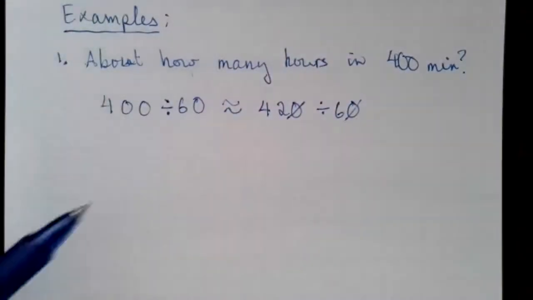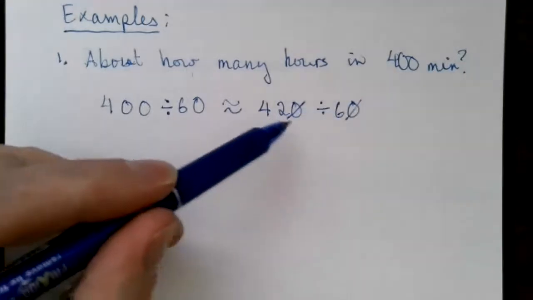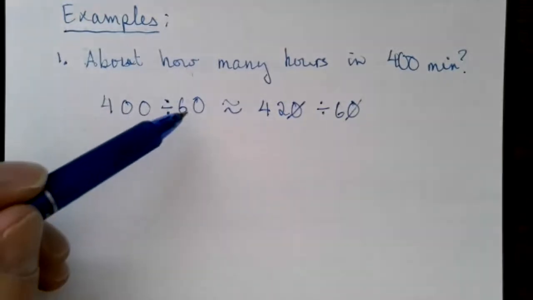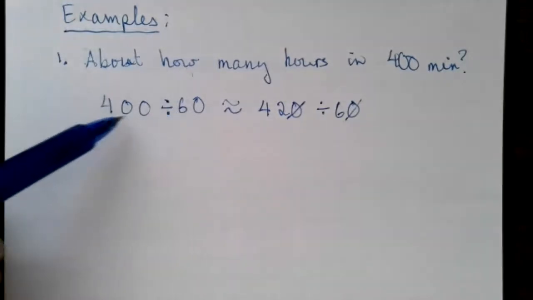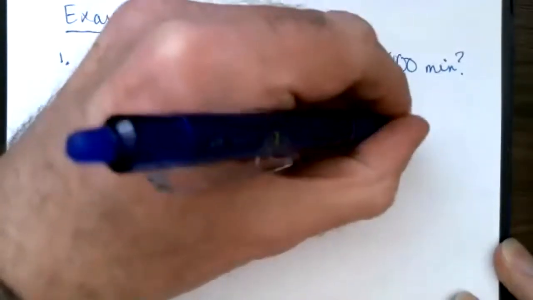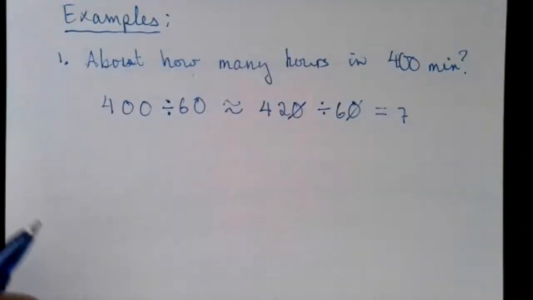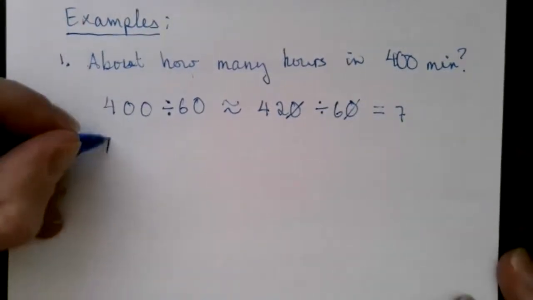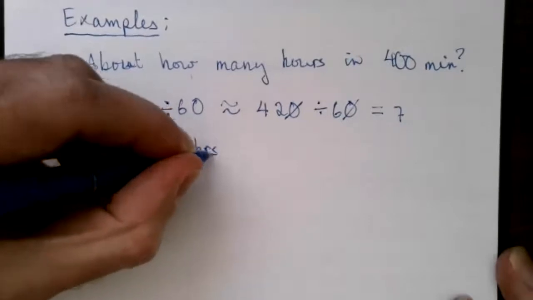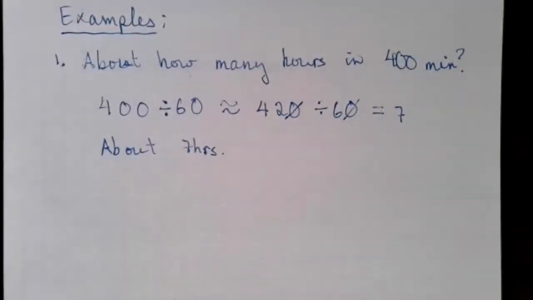I just need to think about multiples of 6 because the zeros would cancel each other out if I did this division. I just need to know what multiple of 6 is closest to this right here. So 36 is kind of close, but 42 is even closer. So let's use that. And the whole point is that computation is something that we can do easily. So the answer to this is you got about 7 hours in 400 minutes.